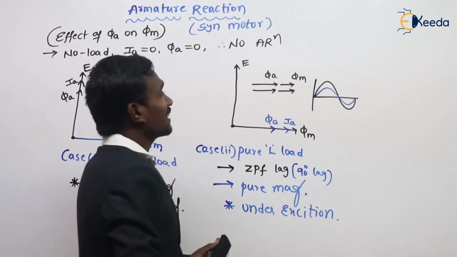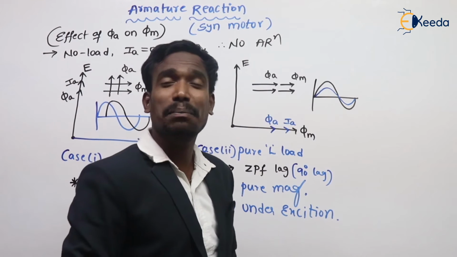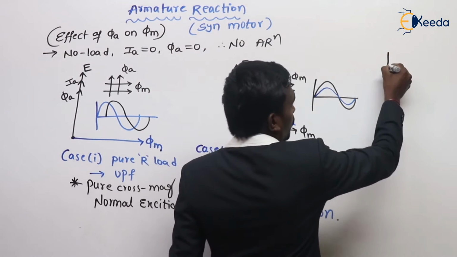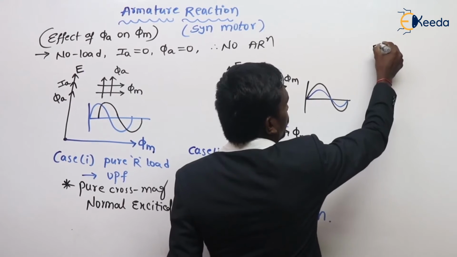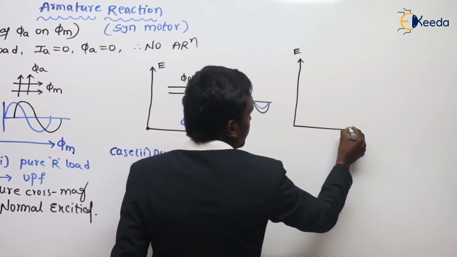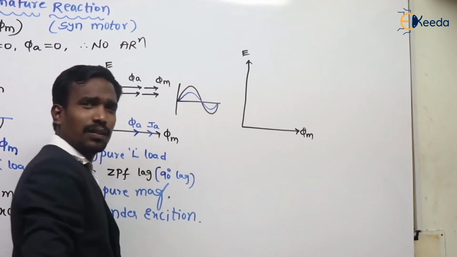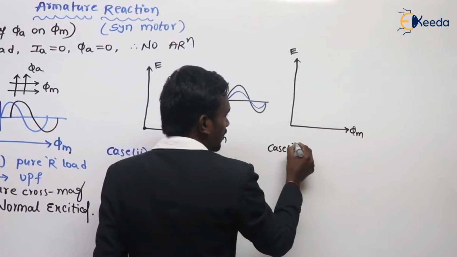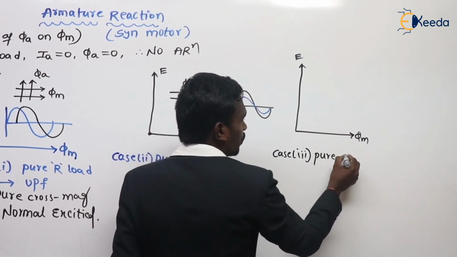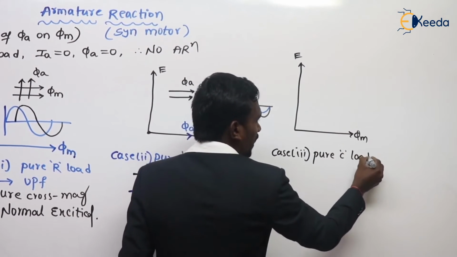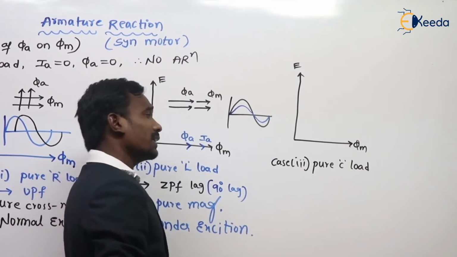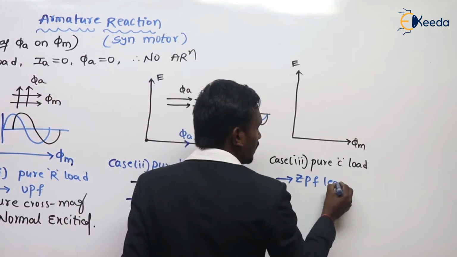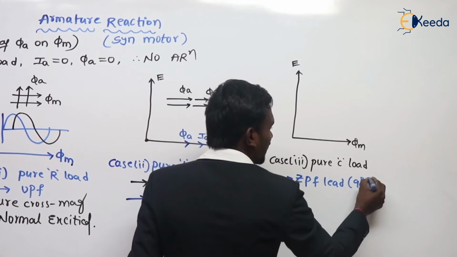And next one, case 3, pure capacitive load. Let's go for case 3. See here, for example, this is my EMF and this is my main field flux. Case 3 is pure capacitive load. When this is a pure capacitive load, what is the power factor? Zero power factor leading. So the current leads the EMF by 90 degrees.